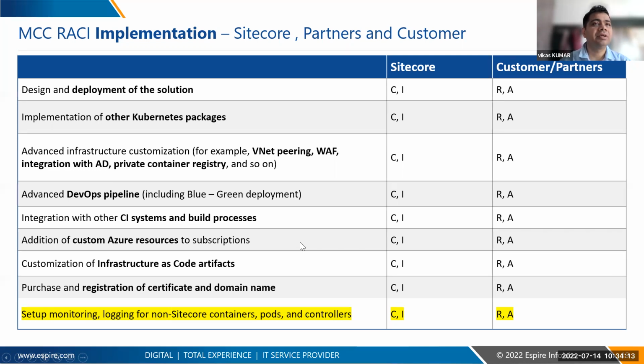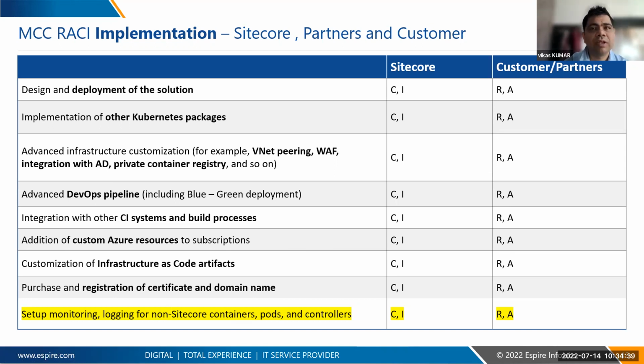Then there is the addition of custom Azure resources, if you want. Sometimes you use Azure AI services or Azure Functions, Logic Apps. If your application is using any of these things, then you might need some addition of those, and then customization in the infrastructure part, and again the registration certificate of your domain.